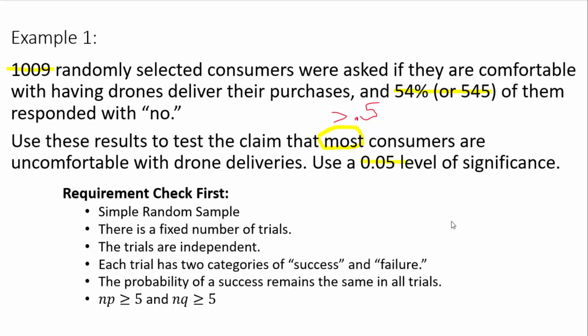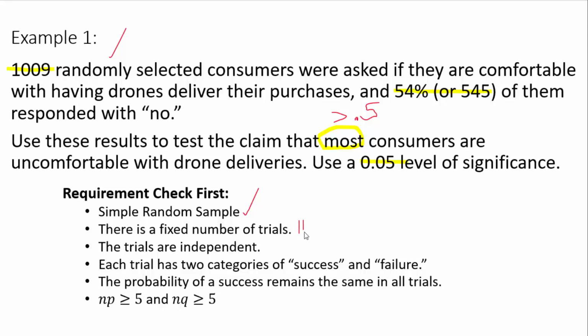Now, before we actually go through and do this, you want to look at all of your requirements. So as we go through that requirement check, is it a simple random sample? Well, it says right here, randomly selected, so I'm going to mark that one yes. Is there a fixed number of trials? That's where we get our 1,009.